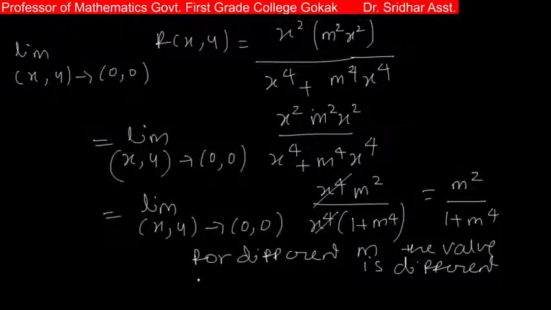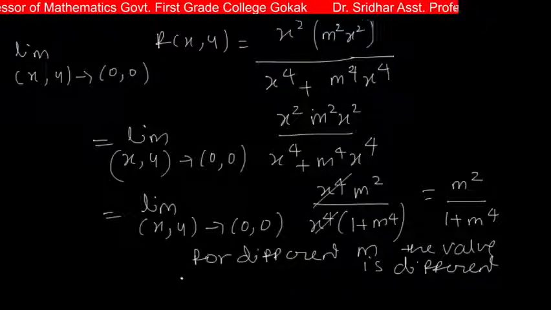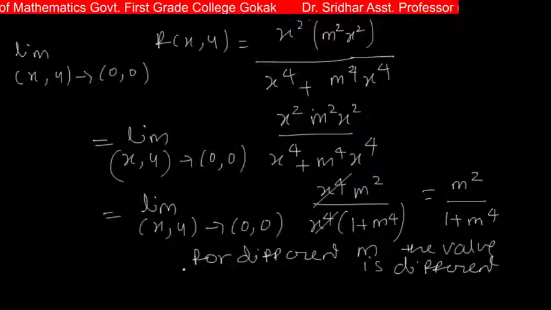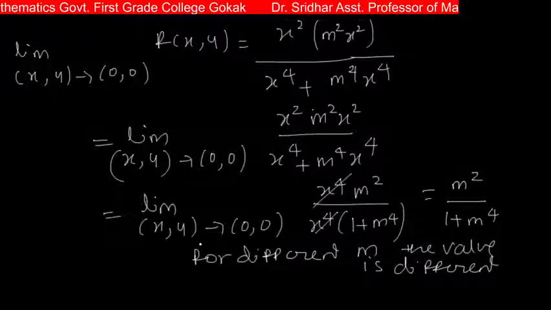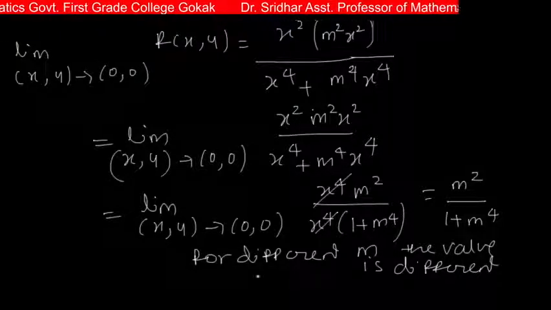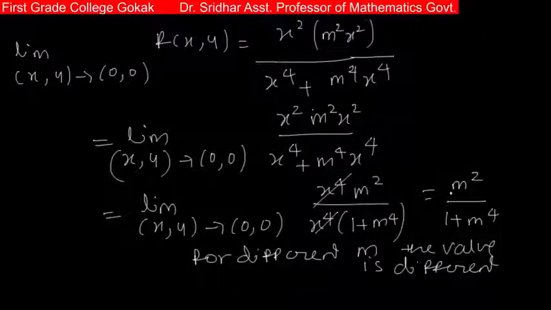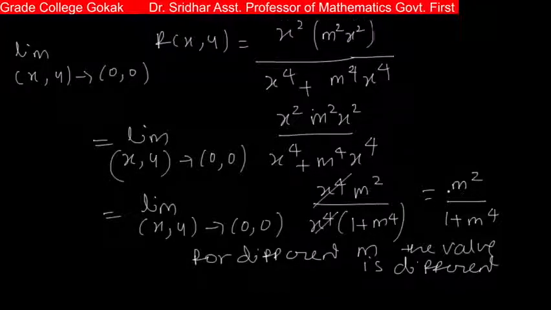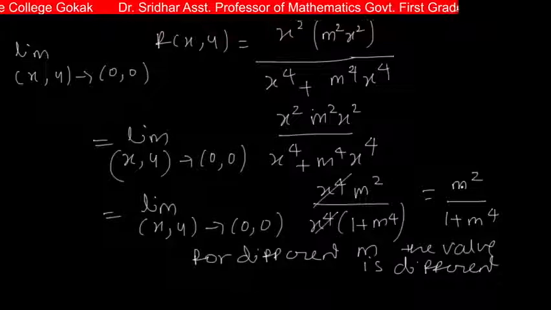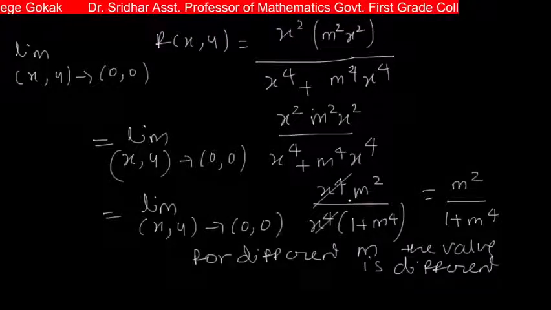The limit of a function, if it exists, is always unique. Here m can take any value, and the limit is different for different m.